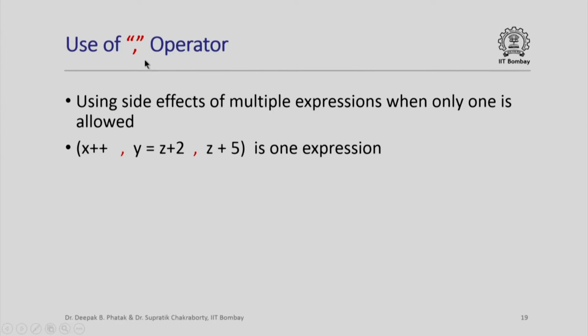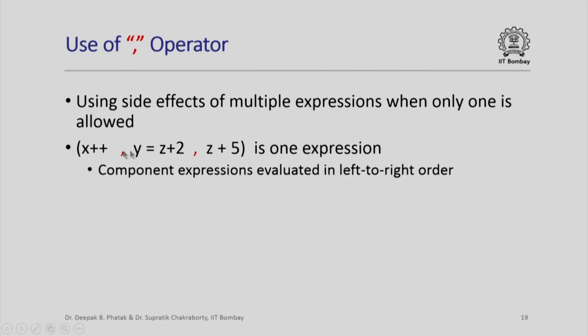Now once we talk about assignment operators being used to build assignment expressions which can be used inside a for loop, it's also appropriate to talk about the comma operator, which is basically used to build a big expression which has several other expressions within it. So in places where we are only allowed to use one expression, but we want to have the side effects of multiple expressions, we can build a compound expression with the comma operator in this manner.